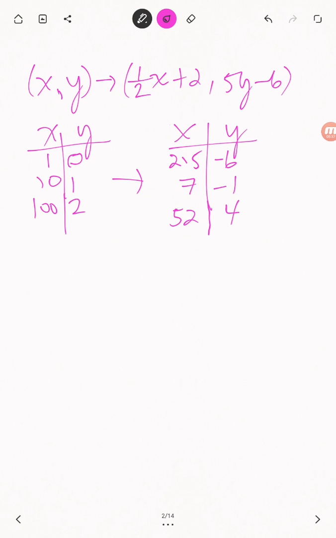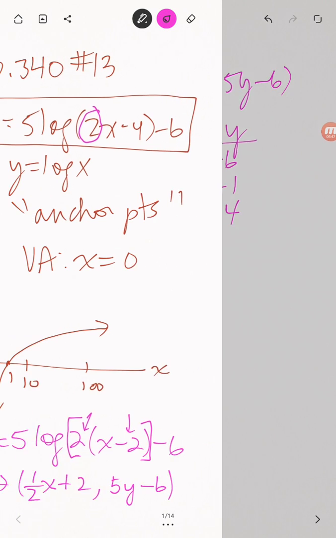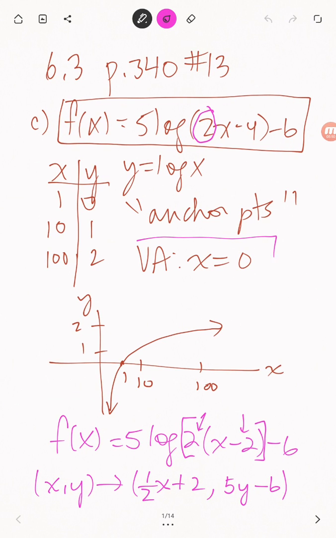Okay, now we should transform our anchor points, but it's also really important to take a look at what happens to our vertical asymptote. So our vertical asymptote, if we go back here, recall that it was x equals 0 for our basic function y equals log x. What happens to it?